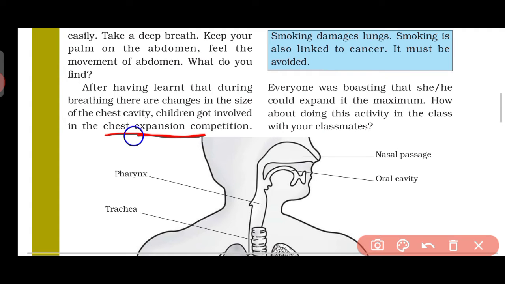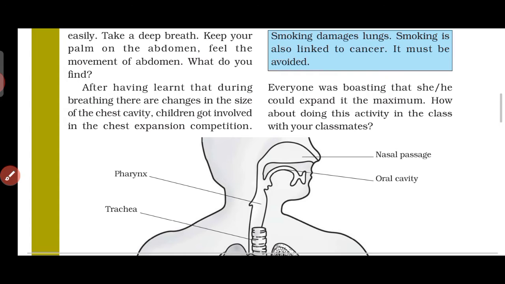When we have breathed out, the size of our chest will be somewhat smaller, and whenever we take a full deep breath, our chest will expand. The difference between the size of the chest before and after taking the breath is called chest expansion, and we can measure it by just using a measuring tape.